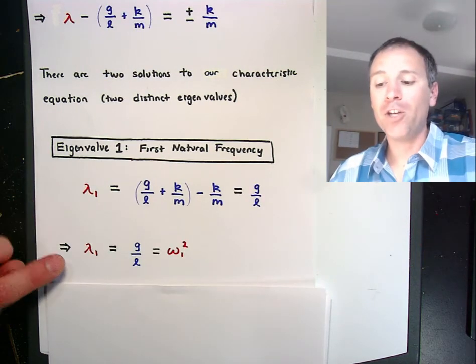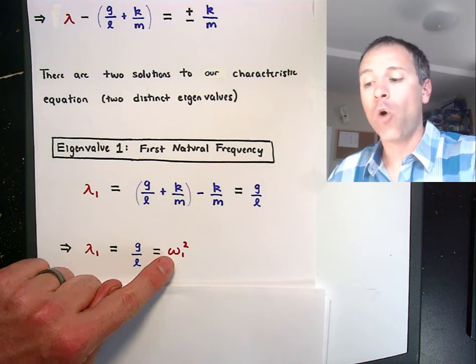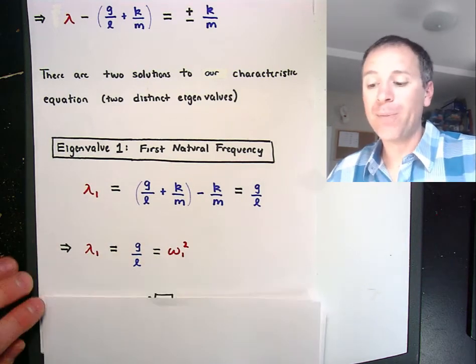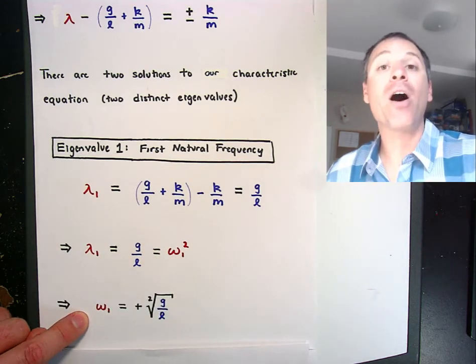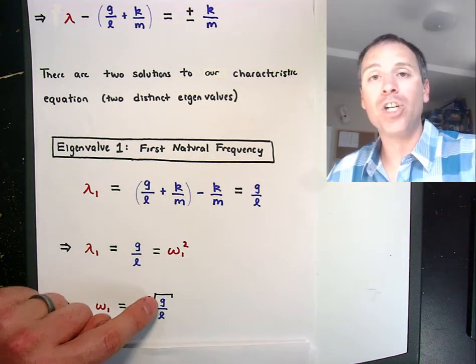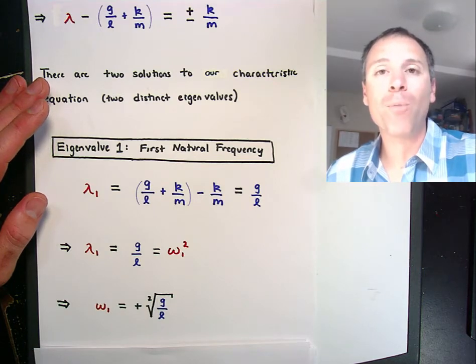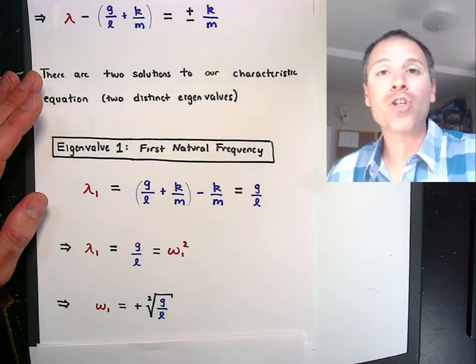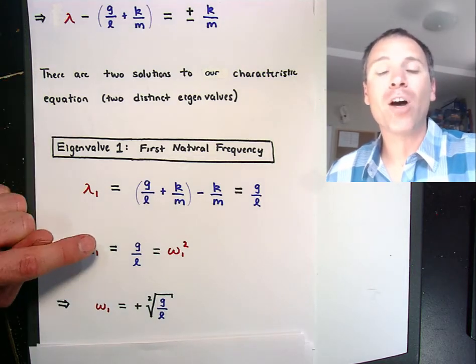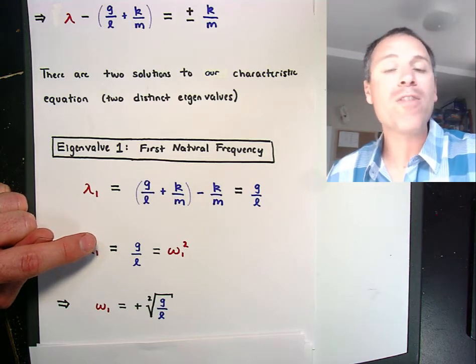Remember, in this application, the eigenvalue lambda 1 was actually a natural frequency omega 1 squared, which means that omega 1, the thing inside the cosine, is going to be the square root of G/L. Guess what? That's the same frequency as a simple pendulum with no connections. In other words, in the first eigenmode, the frequency of oscillation is as if each mass is a simple pendulum with no connectivity.